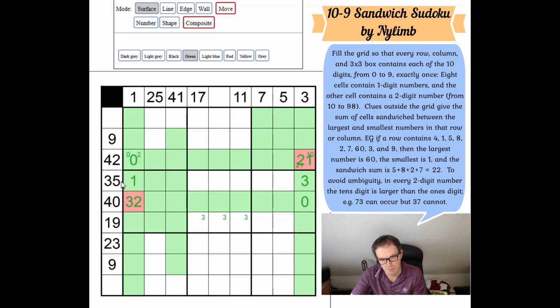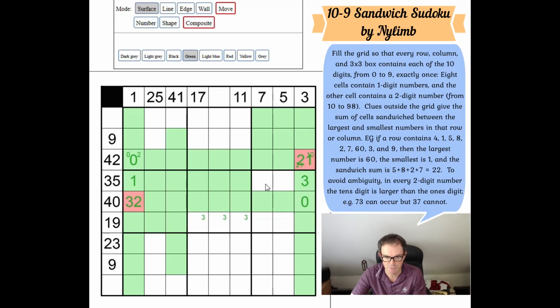So the 2-digit sum in this row cannot go in any of these 3 squares, because if it does, I haven't got 5. If I put one here, 1, 2, 3, 4, 5, they would all have to be part of the sandwich and the crust would be outside the grid. So these cells are not in the sandwich.